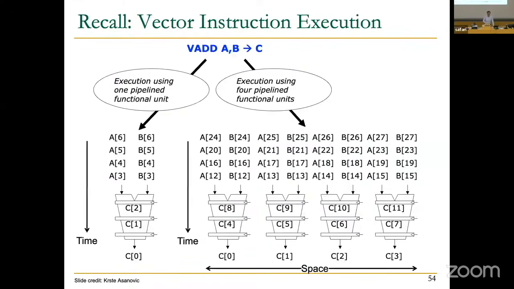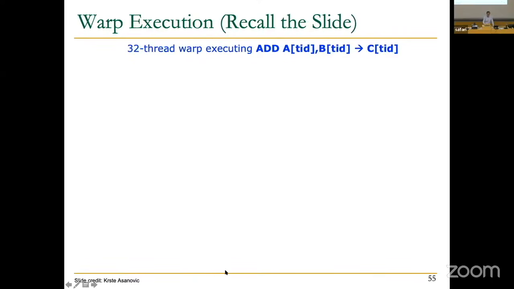Okay, recall, basically this is what happens in a GPU. This was a SIMD instruction, right? We had this vector add A, B, C. This is a nice way of looking at a vector processor over here and a combined vector and array processor. What a GPU does is, you have a 32-thread warp executing this code: add A[TID], B[TID], C[TID].